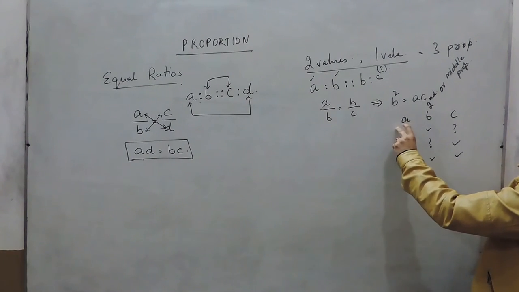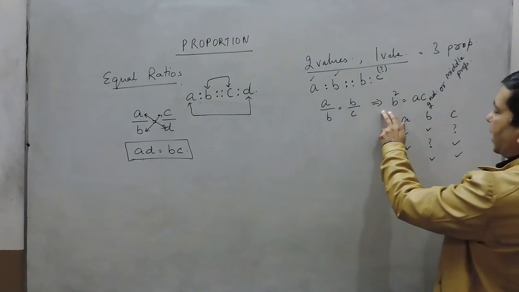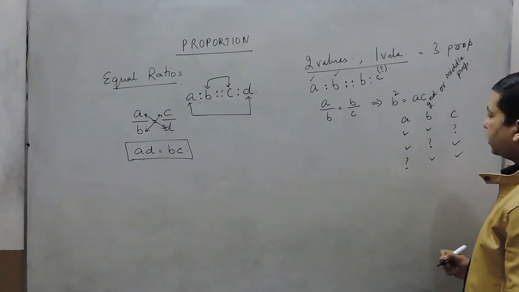When A and C are given and the value of B has to be calculated, then we can write B square is equal to A into C.